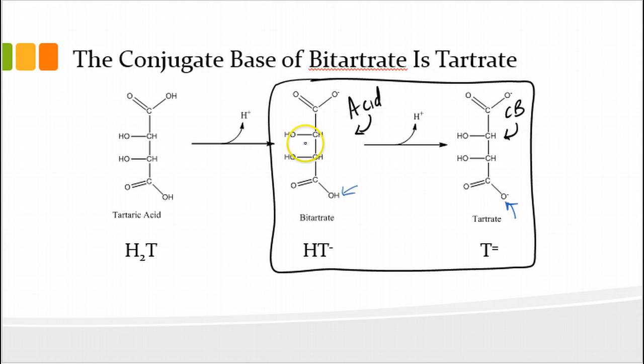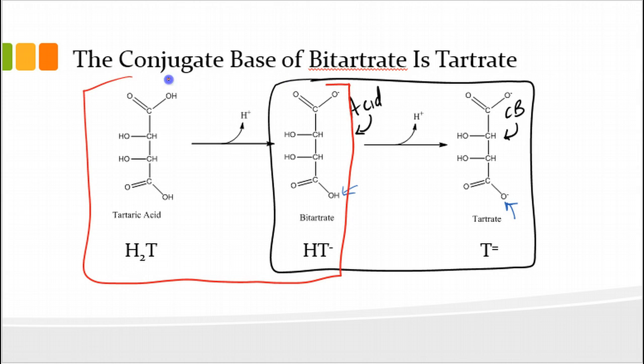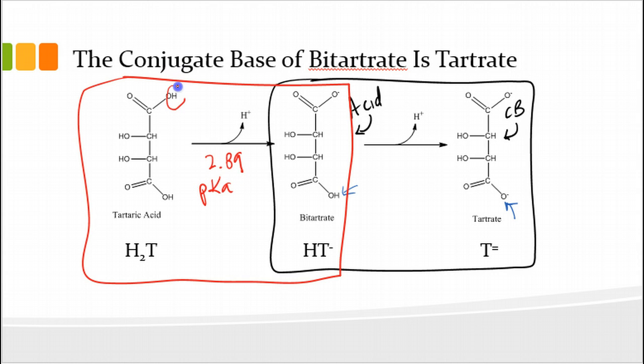So for this pair, bitartrate's the acid, tartrate's the conjugate base. If we surround the other pair in red, in that case, tartaric acid is the acid and bitartrate is the conjugate base. We said the pKa is 2.89 for the loss of that first proton. It's that proton there that comes off, and that has a pKa of 2.89, the equilibrium between tartaric acid and bitartrate.